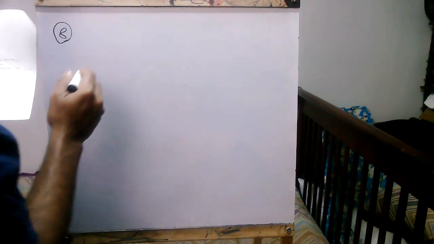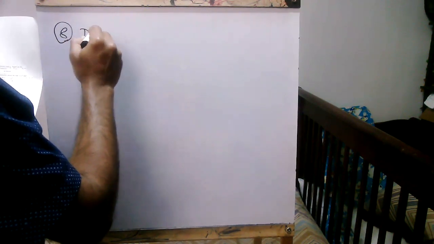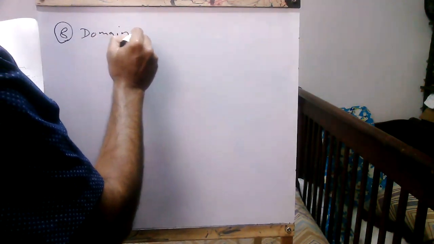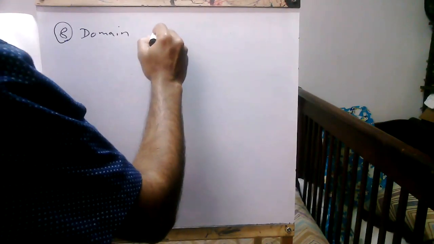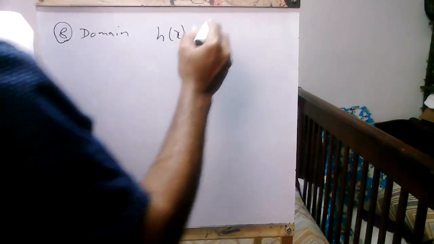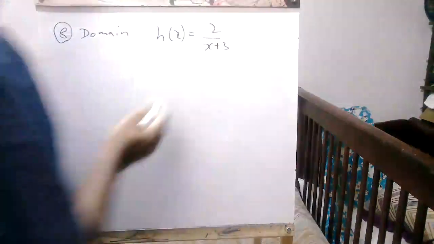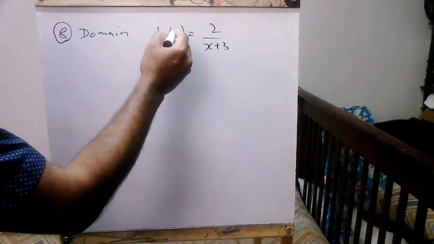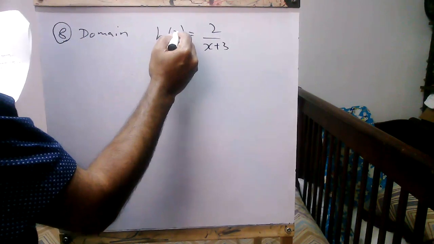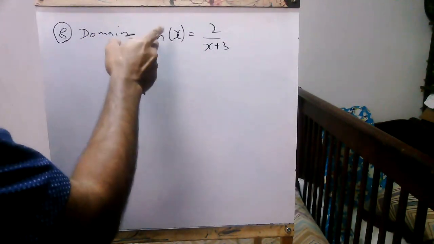What is the domain of h(x)? h(x) equal to 2 over x plus 3. Domain is the x where f(x) is defined, means the function is defined.